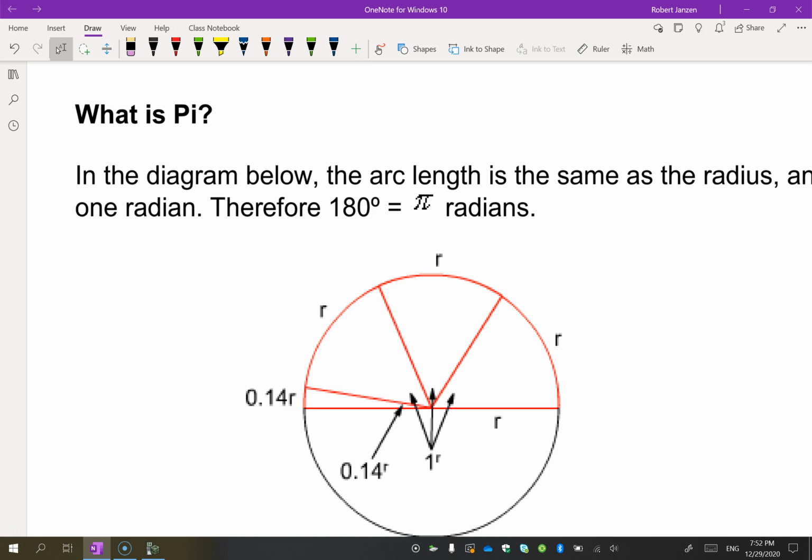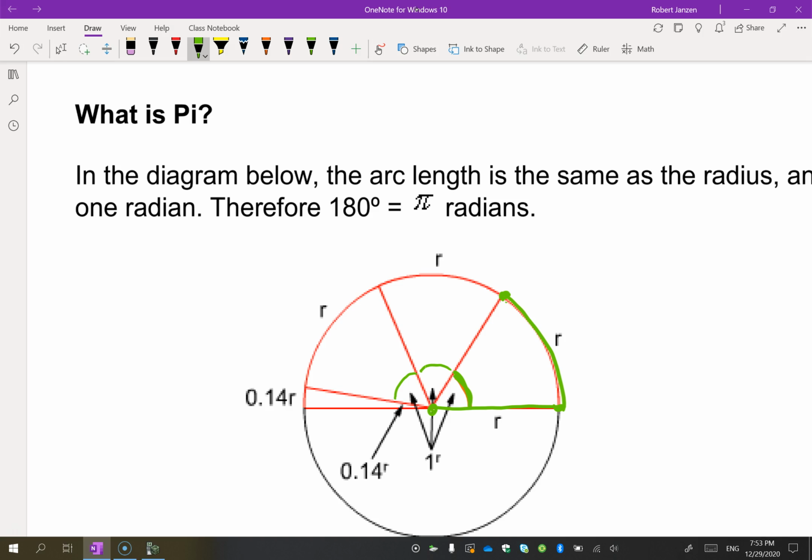If you take a circle, remember I told you that 1 radian is when the radius is the same as the arc length. Well, if we start moving around the circle, here we have 3 radians. That's going to be almost halfway around the circle.